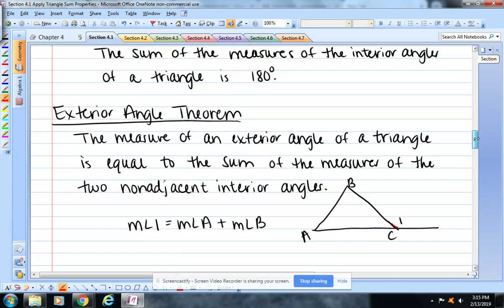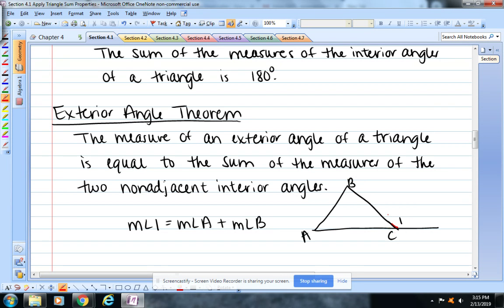Then we have something called an exterior angles theorem. The exterior angles of a triangle, remember, are formed by extending the lines of a triangle. So if we know 2 interior angles that are not touching the exterior angle, then we can add those together and get the measure of the exterior. So notice that angle 1 is adjacent to angle C right here.